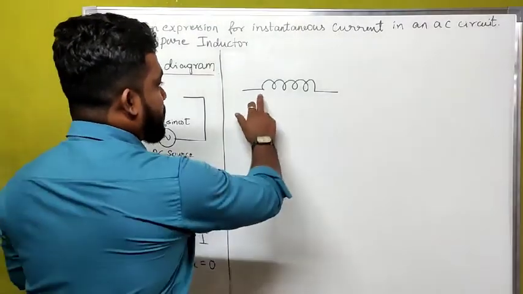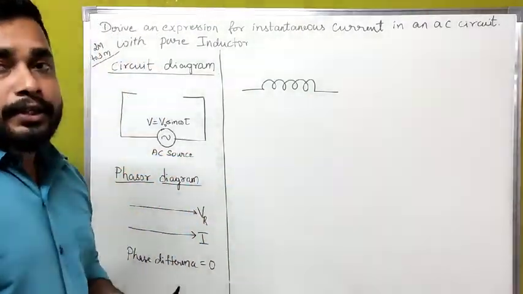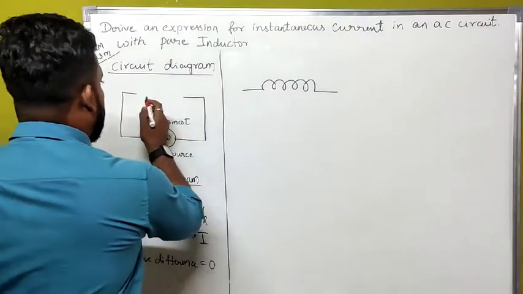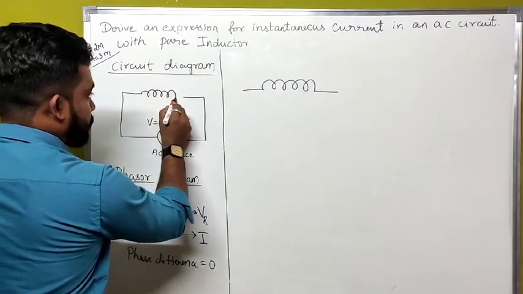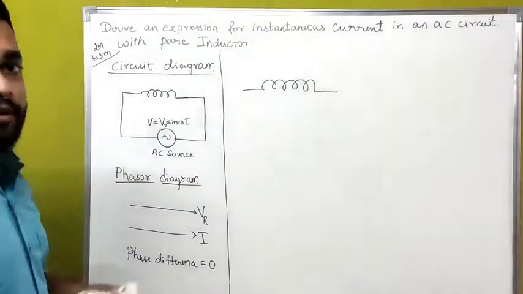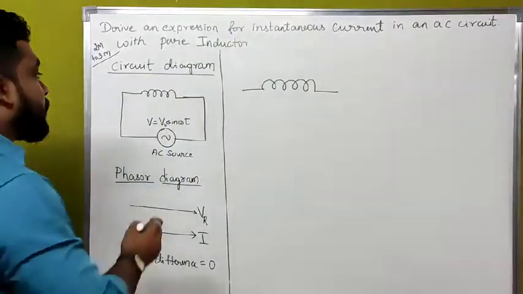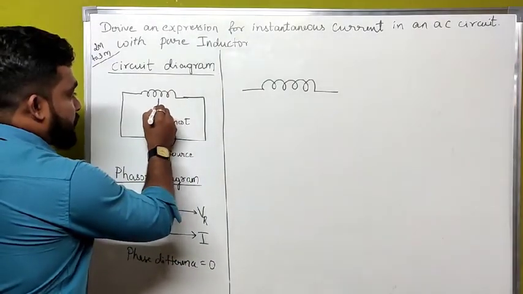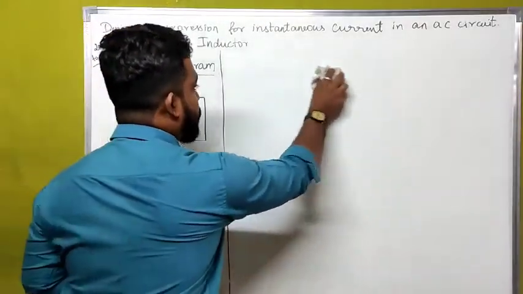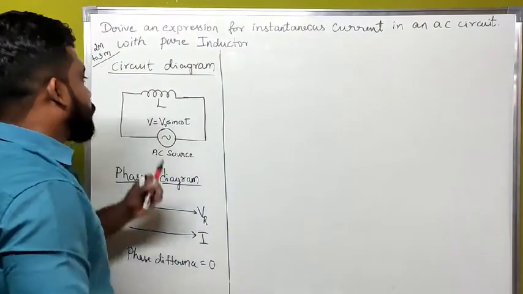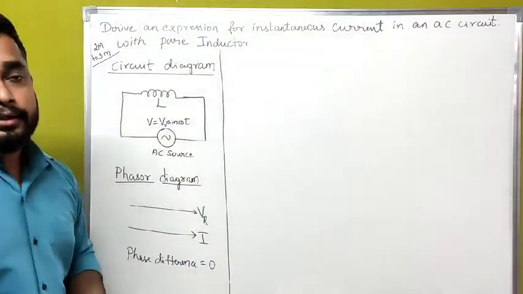The symbolic representation of inductor will be like this. I am going to draw that in this circuit. This is our inductor. Inductor representation will be using capital L. Symbol capital L. We are assuming the inductor as L.